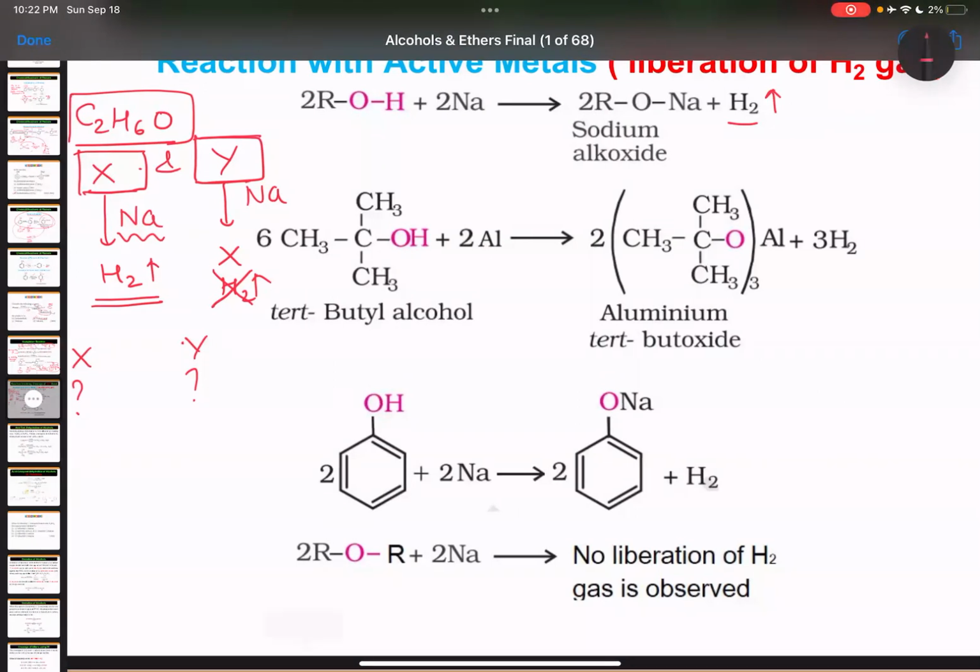X is ethanol. Okay. Yeah, sodium ethoxide is going to form after the liberation of H2. I'm not asking what you will get after H2. I'm asking about the original compound before putting the sodium. What is X and what is Y?